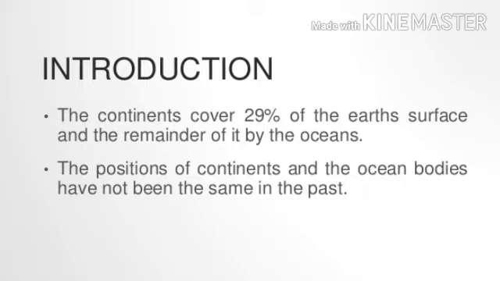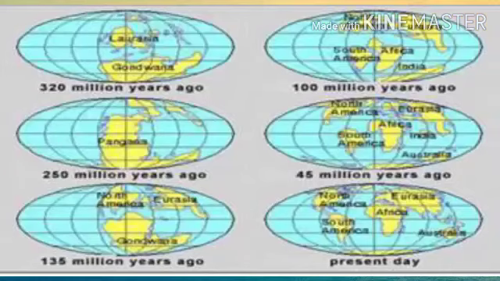You know that continents cover 29% of the surface of the earth, and the remainder is under oceanic waters. The positions of the continents and the ocean bodies, as we see them in the map, have not been the same in the past.